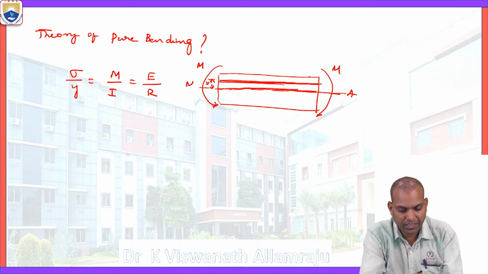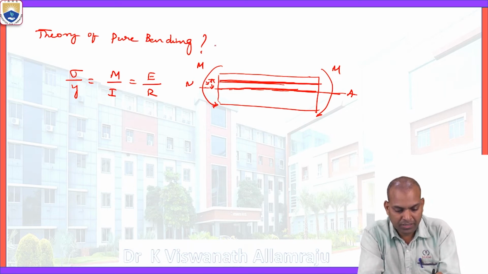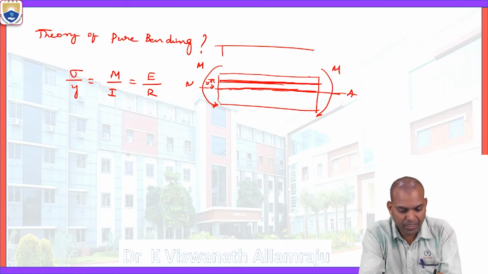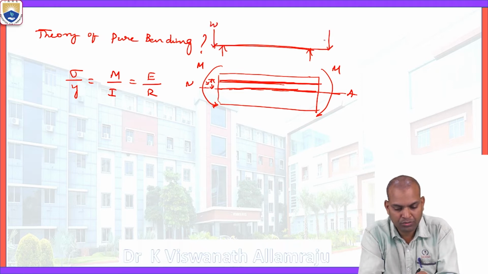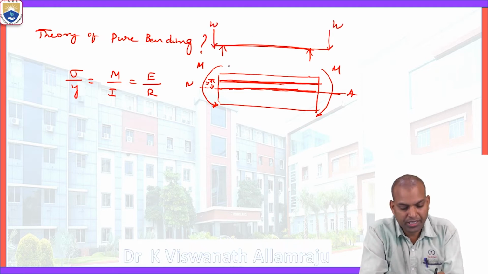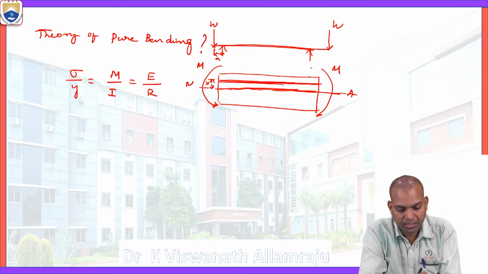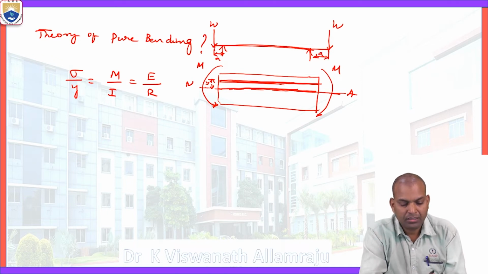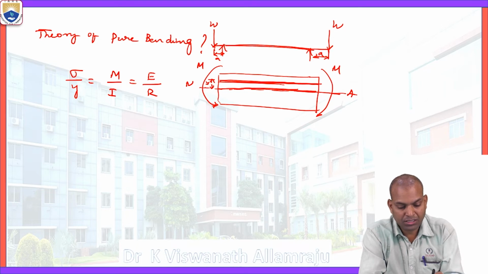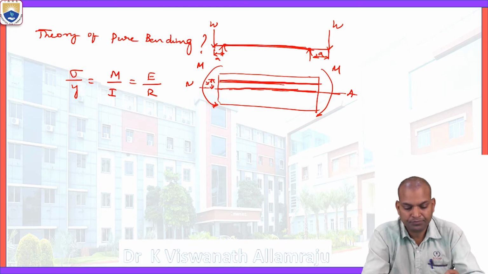How did this concept come about? This concept came from the overhanging beam. At the supports, the couple is acting, W and W at a distance A, on this side and this side. The portion between these two experiences pure bending.